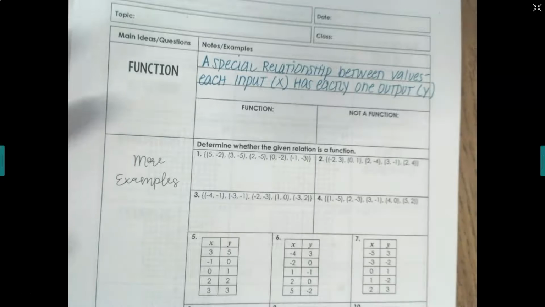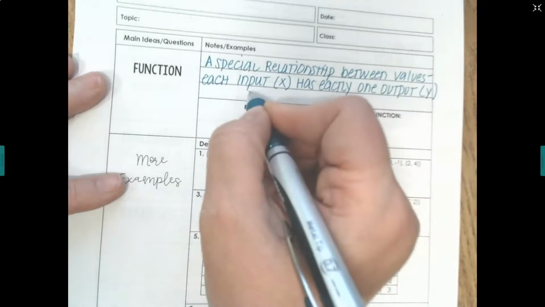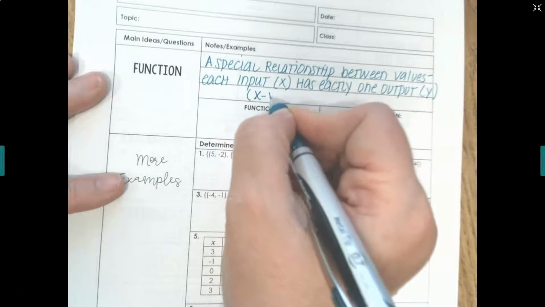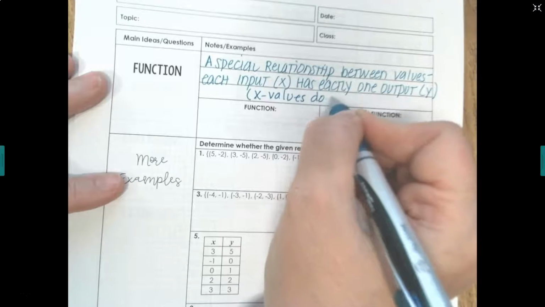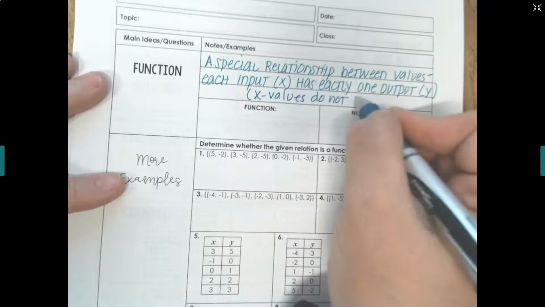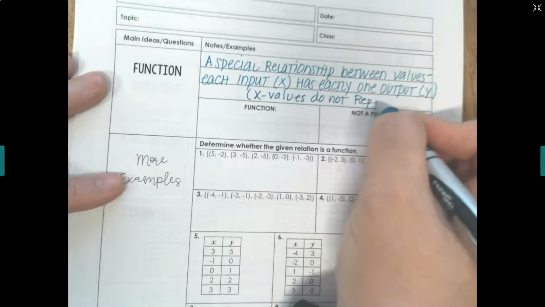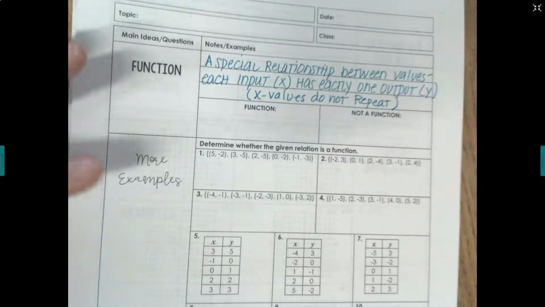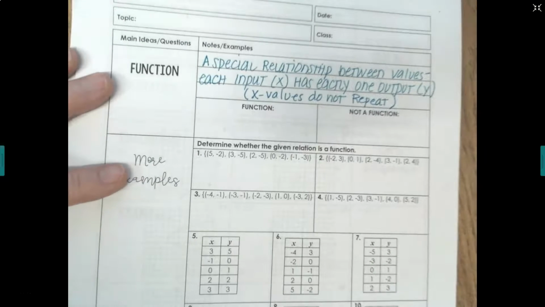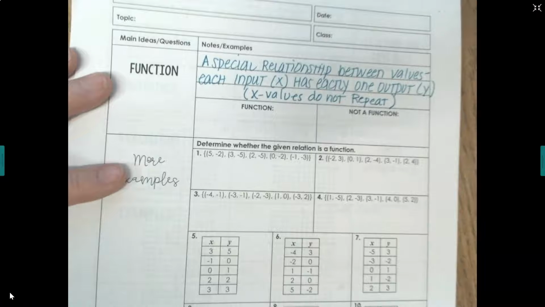It had more than one output for the same button being pushed. So what that means is you want your X values not to repeat if it's going to be a function. Overall, that's really what we're looking for here. Let's take a look at these first two examples to give you an idea.